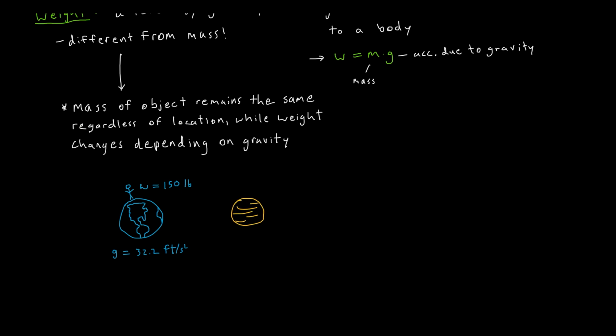But on Mars, that person is going to weigh less, since the gravitational force on Mars is lower compared to Earth, with an acceleration of about 12.2 feet per second squared. So continuing on with the physics concepts, taking a closer look at work.